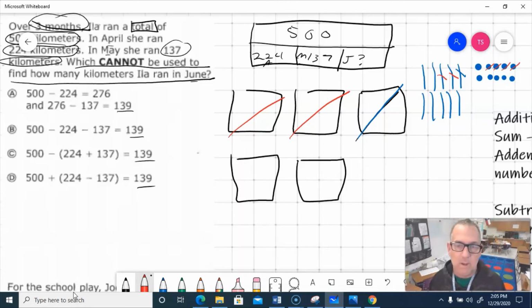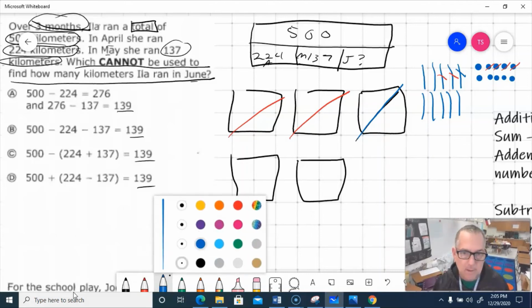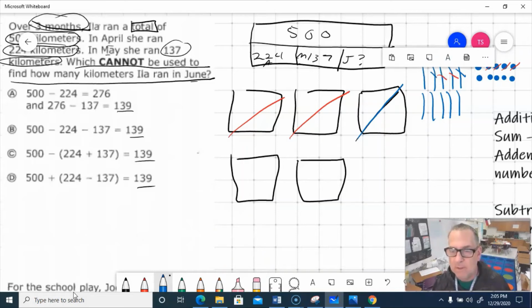Now I'll take away what she ran in May. So in May, she ran 137 miles. If I try to take away 7 here, it looks like I only have 1, 2, 3, 4, 5, 6. So I have to regroup again. I'm going to take another one of my tens, and that's going to give me 10 ones.